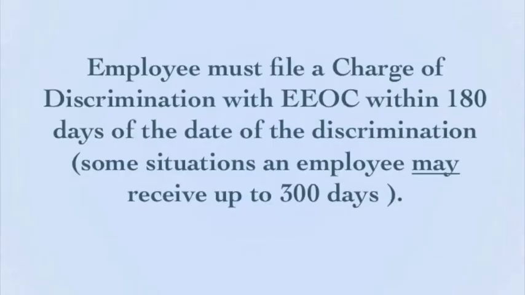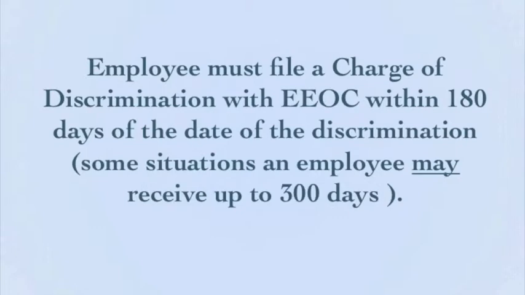It's important to remember that if you are alleging discrimination on the basis of any of those 5 factors or 5 classes, that you have a limited amount of time to begin your legal claim. That legal claim must be begun, in most cases, within 180 days of the date of the discrimination.